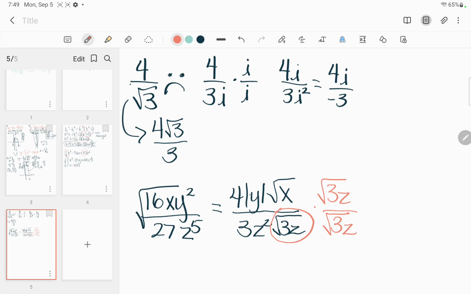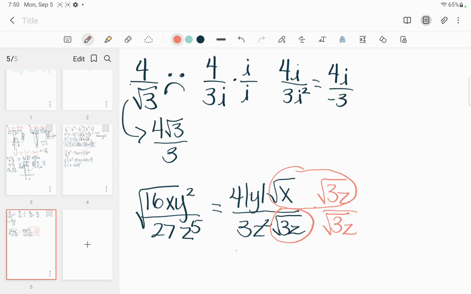And I will get all of this going together under a single radical. These will simplify to 9z squared, or what will be the square root of 9z squared. That square root would obviously be 3, and then the absolute value of z.